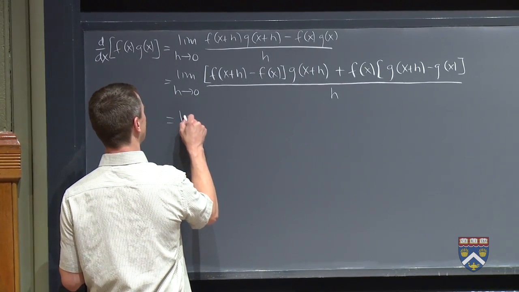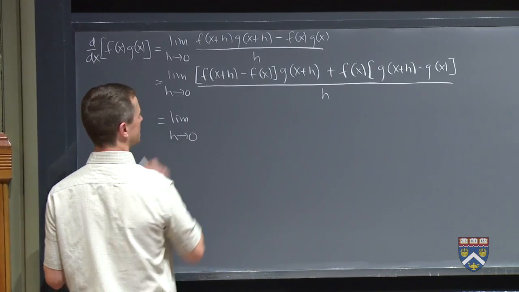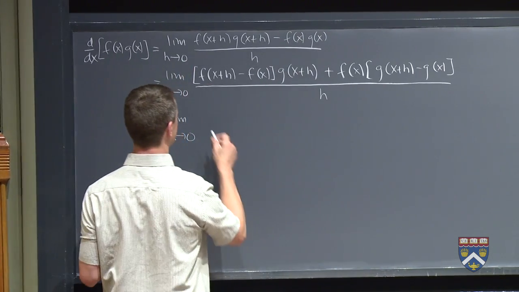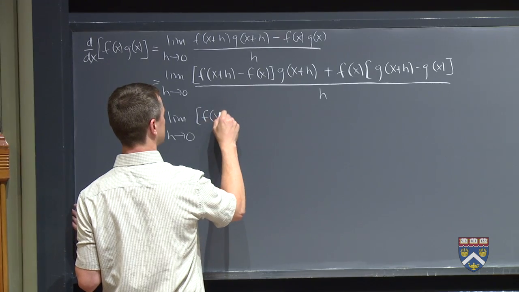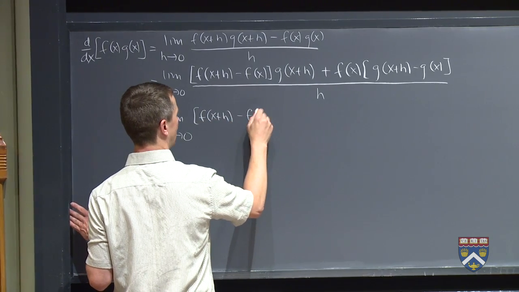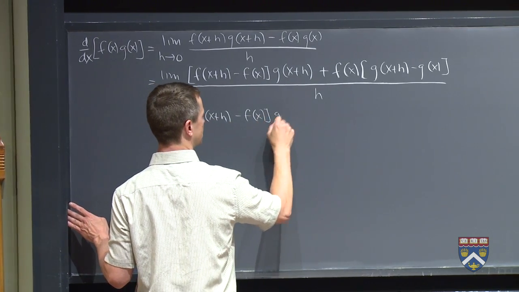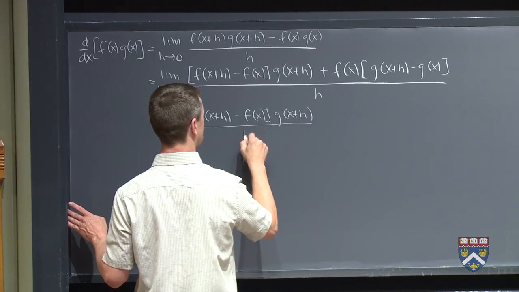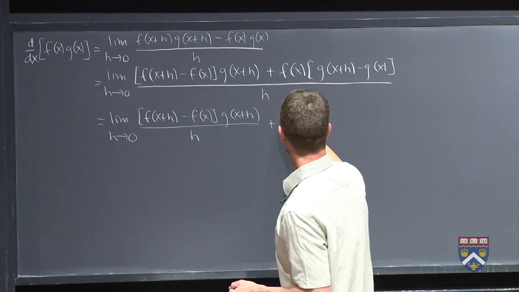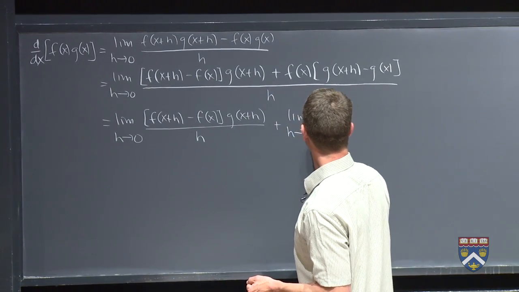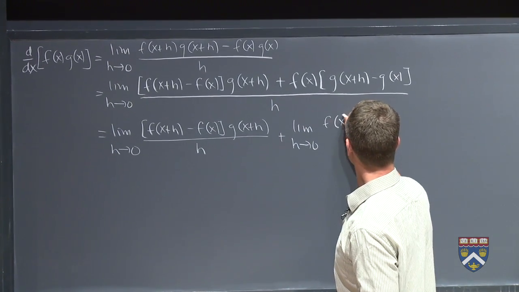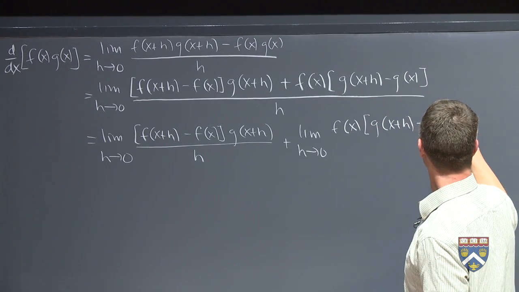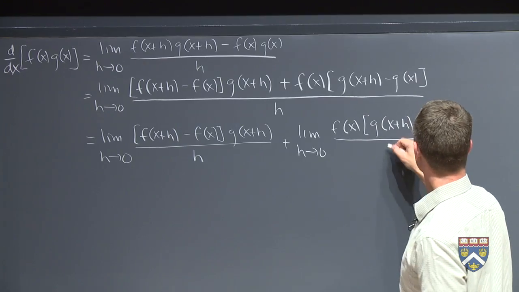So we can break this up into two different pieces. The first fraction is f of x plus h minus f of x times g of x plus h, all over h. And then this one: limit as h goes to 0, f of x times g of x plus h minus g of x, all over h.